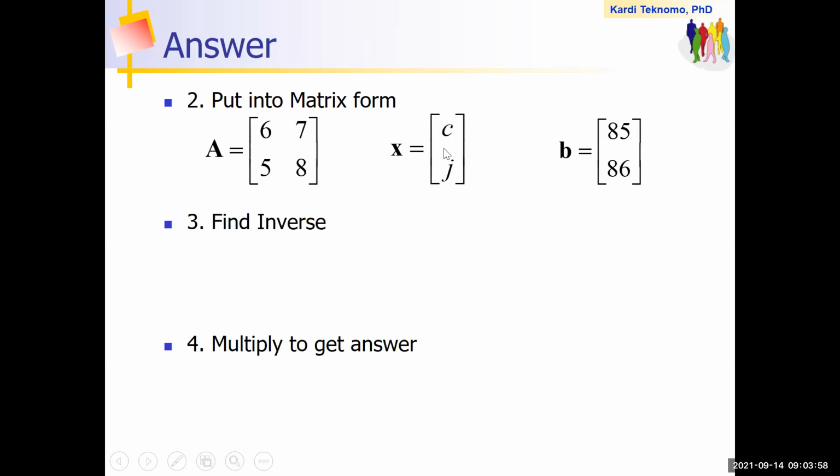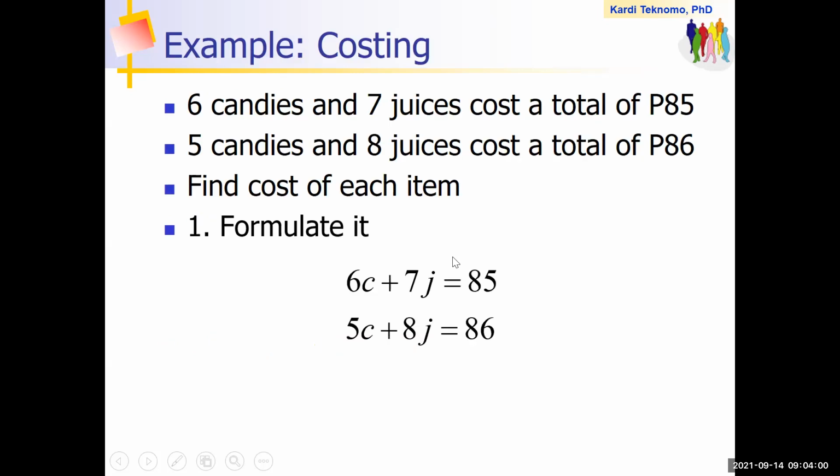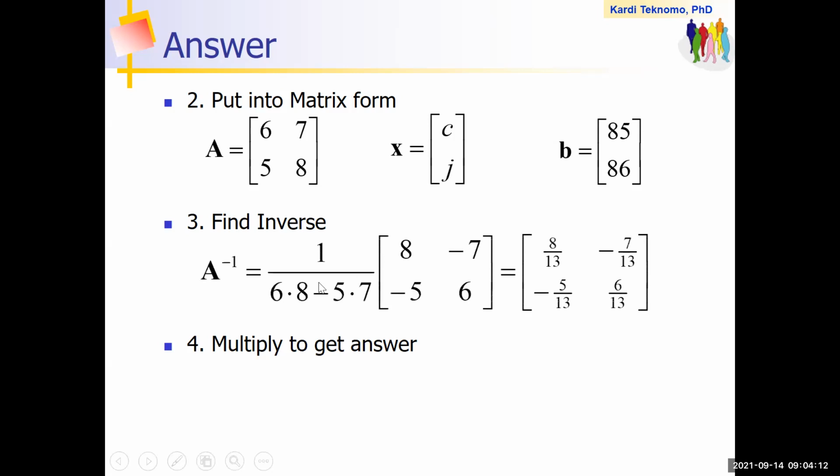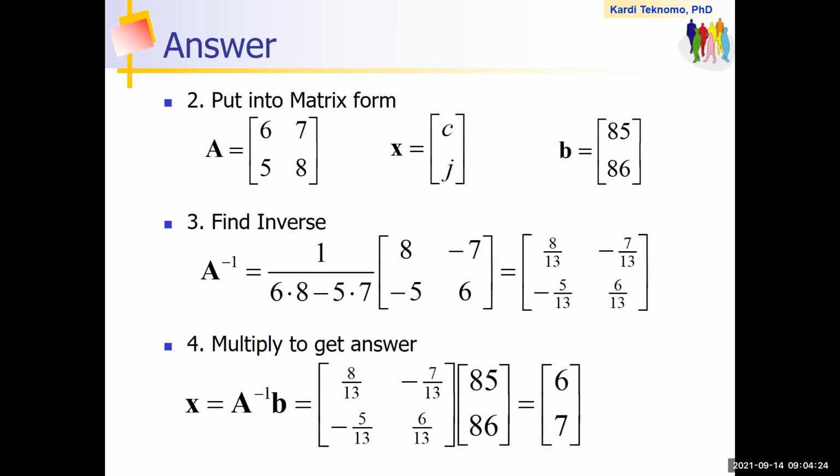Then put the variables C and J in one vector, and the right hand side into another vector. If you calculate manually, you will get this, and then you multiply to get the answer.